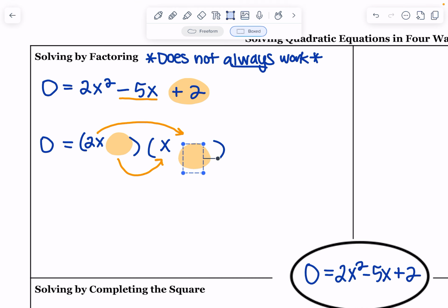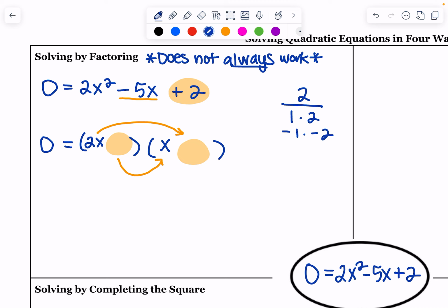Okay, so we are considering factors of 2. Luckily, 2 is prime, so it's either going to be 1 times 2 or negative 1 times negative 2. And we're definitely going to be choosing the bottom one because we have a negative 5x in the middle.